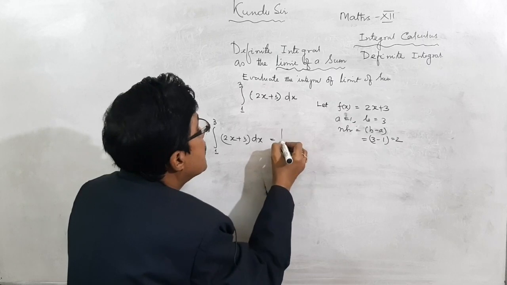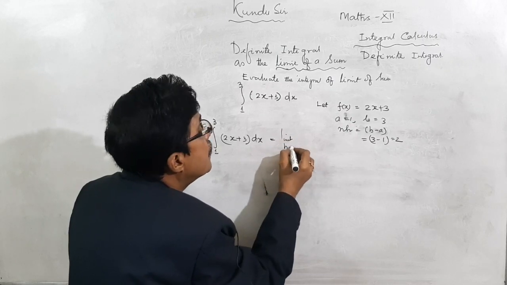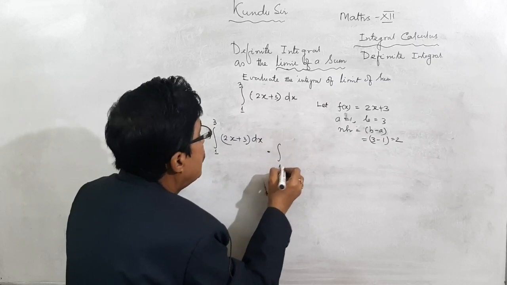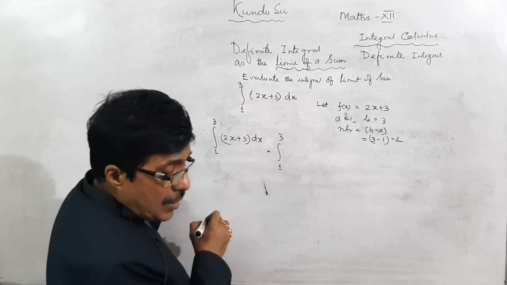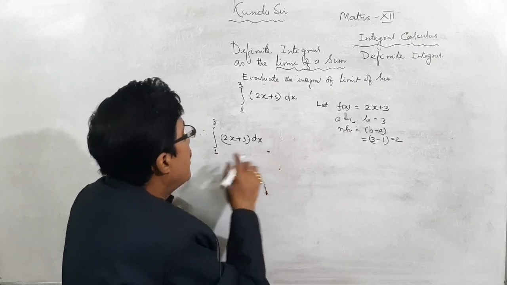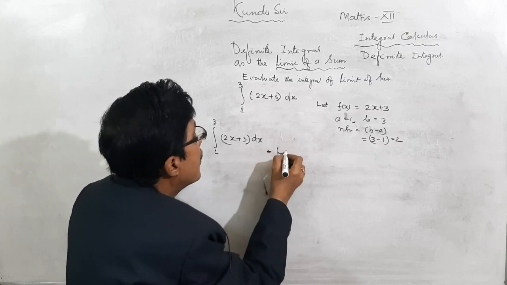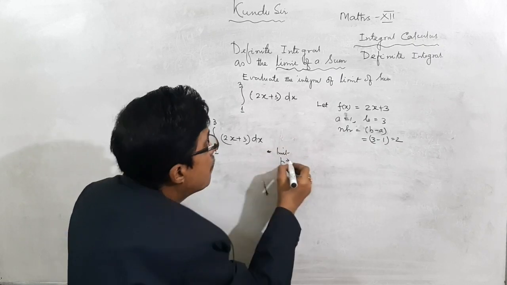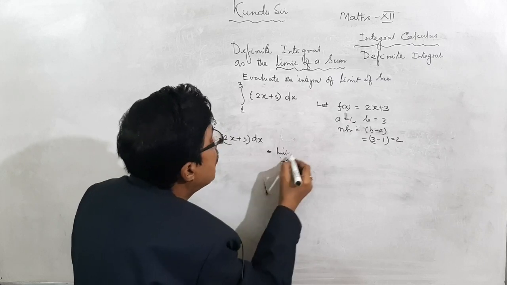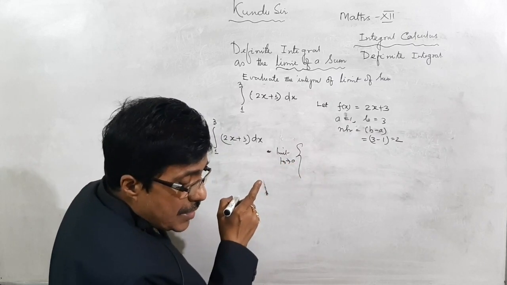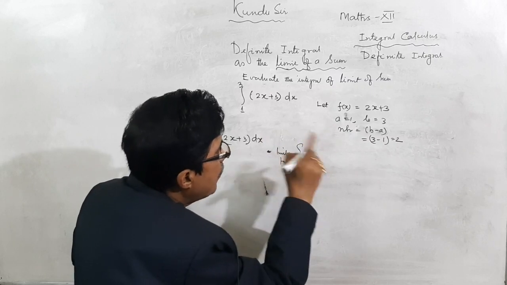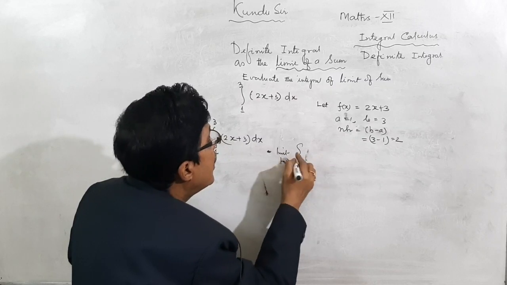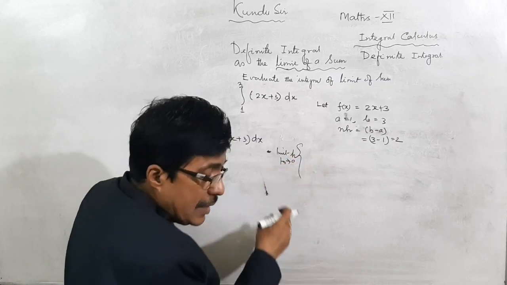We know the limit, as h tends to 0, of h times the sum, f(1) plus f(1 plus h).